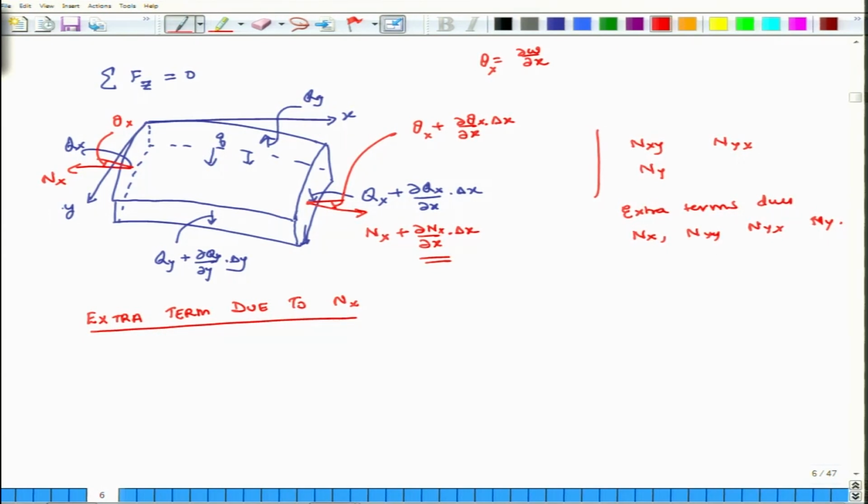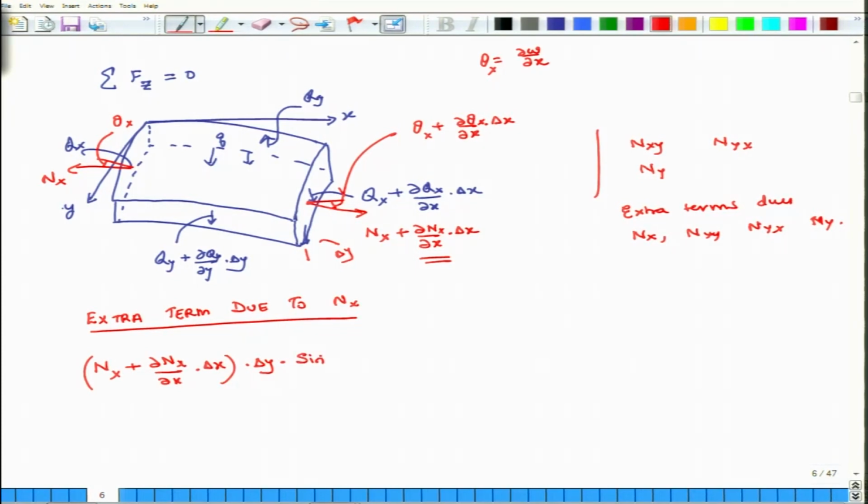This nx will have a vertical component, so what is the total force? It will be nx plus del nx over del x times del x, this is force per unit length, times delta y, that is the total force, times the sine of this angle.